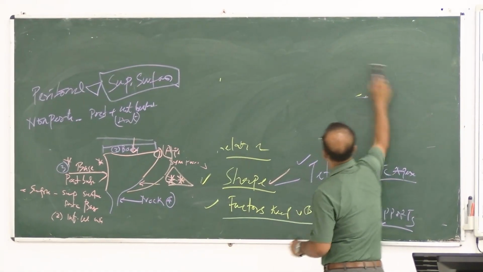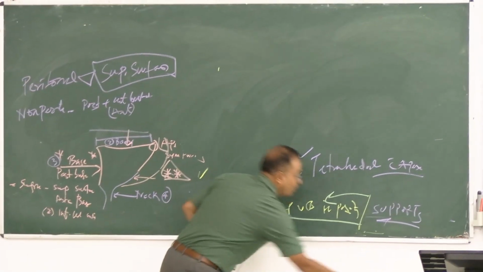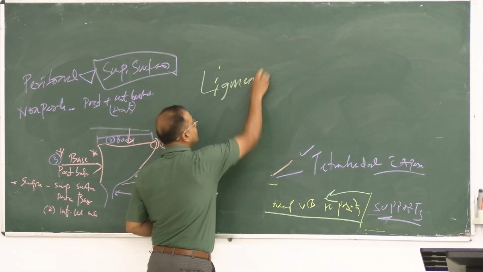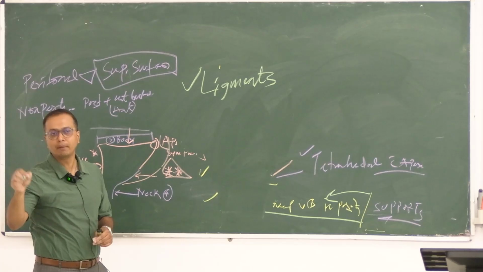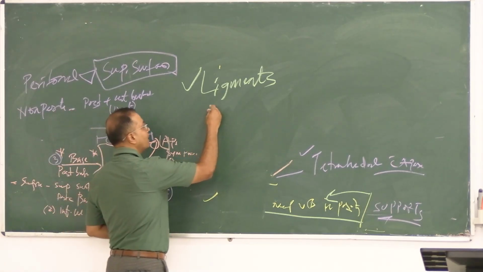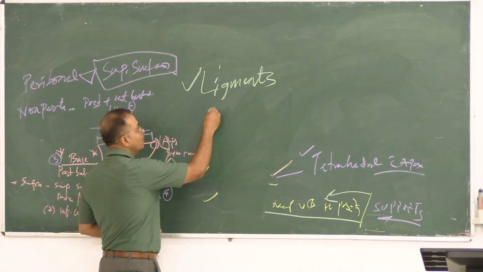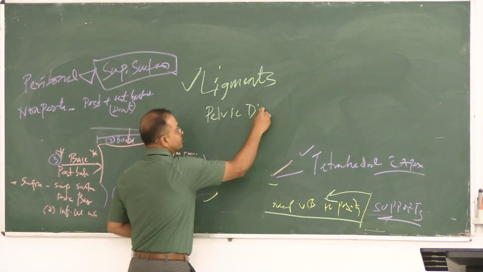This position is contributed by a few things. One is the ligament structures; there are some ligaments holding the urinary bladder in place. Second are the supports in the pelvis, which we call the pelvic diaphragm.